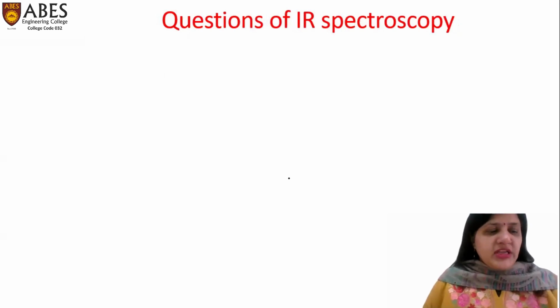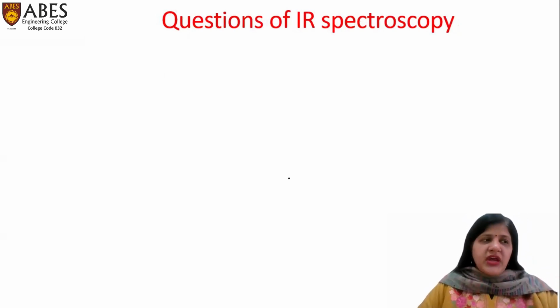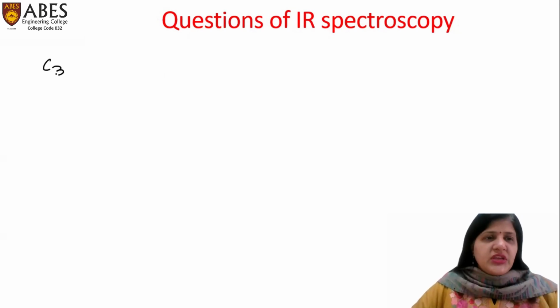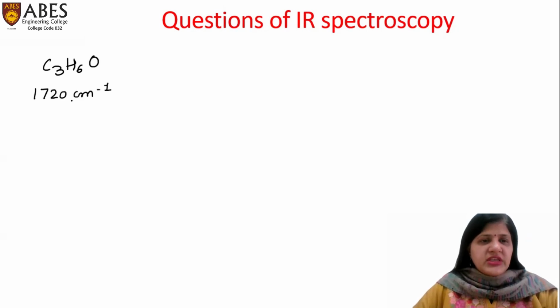So, a question about IR spectroscopy: if we have a compound having the formula C3H6O, this compound gives the following bands in the IR spectrum: 1720 cm⁻¹ and a band corresponding to 2980 cm⁻¹.